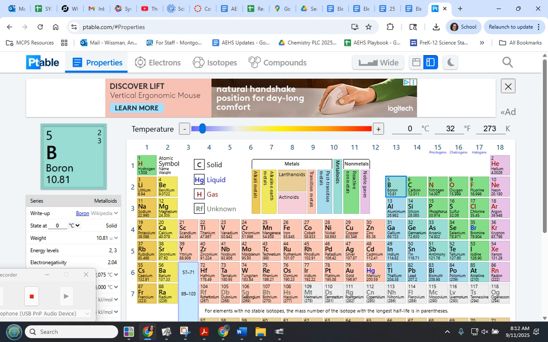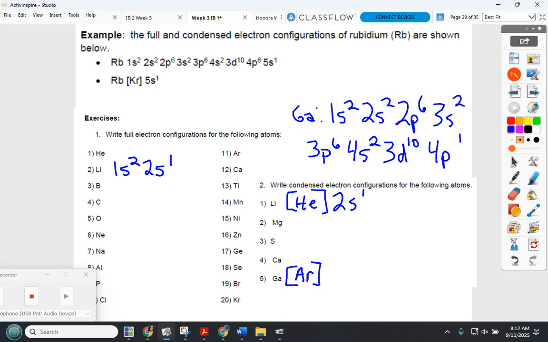So everything after the 3p6, we now have to specify. So we're done with all of this because we've turned that into that, okay? And now we just continue writing 4s2, 3d10, 4p1.